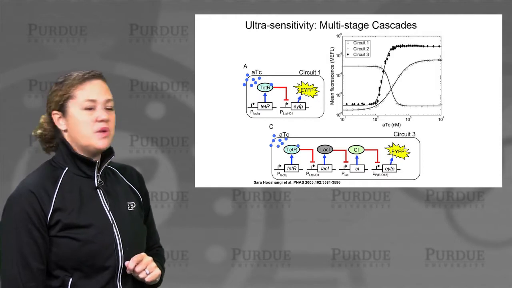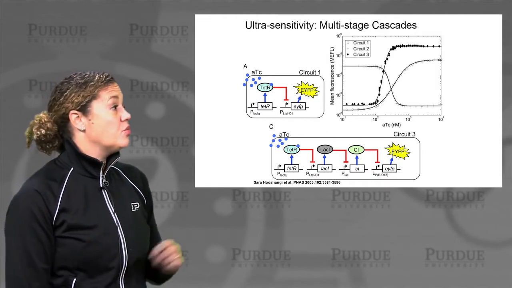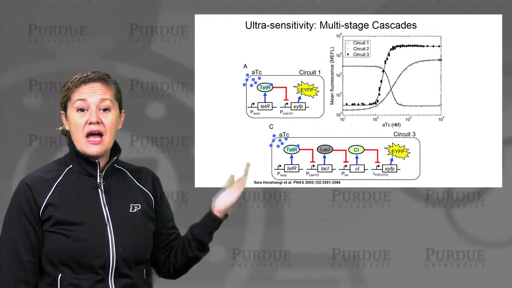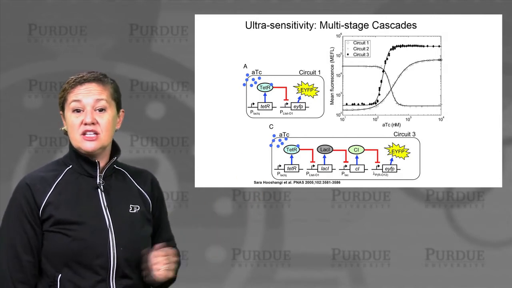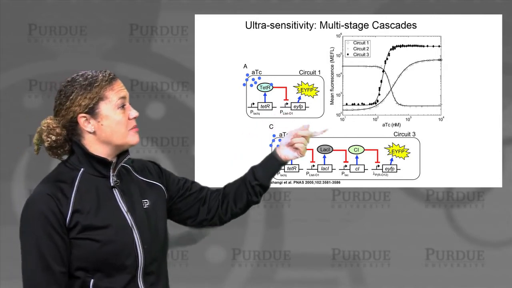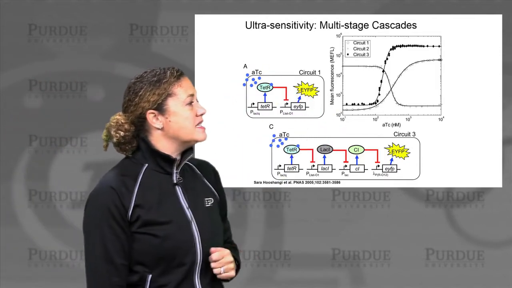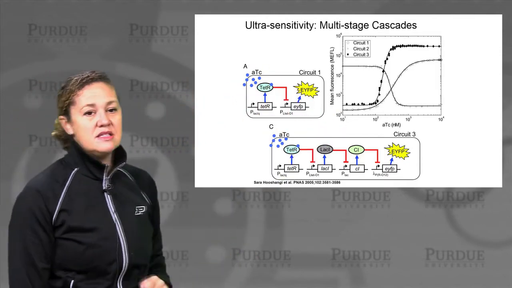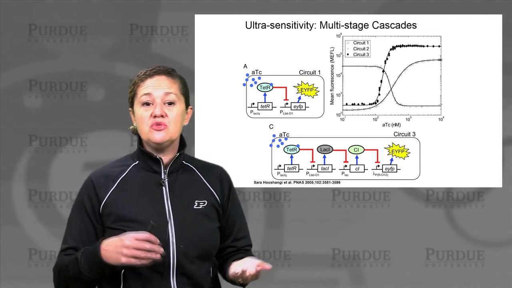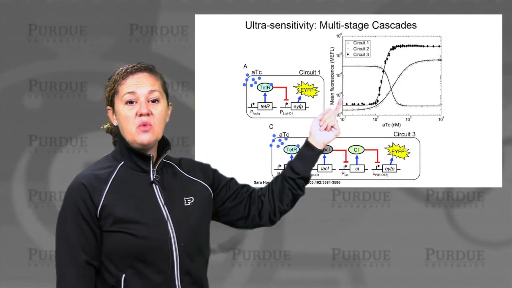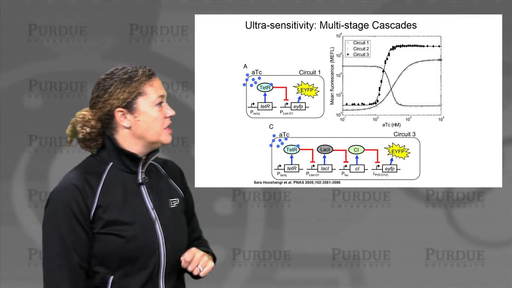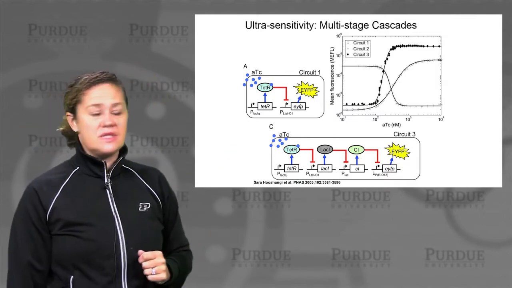So what they did was to compare the response, the output-input, the response signal curves. This is the calibration curve, just like we've been looking at. In this case, we're looking at the mean fluorescence, which will be related directly to the number of EYFP molecules. And so we're looking at a steady state response here.